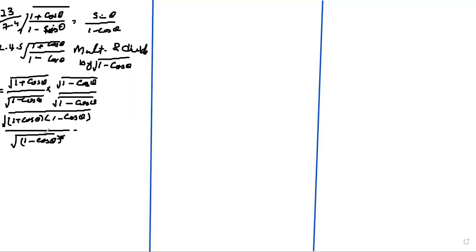The square and root got cancelled, and these two will be multiplied, giving 1 minus cosine square theta divided by 1 minus cosine theta.